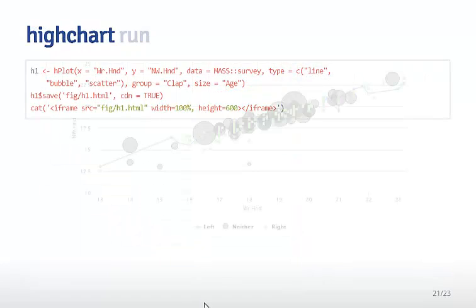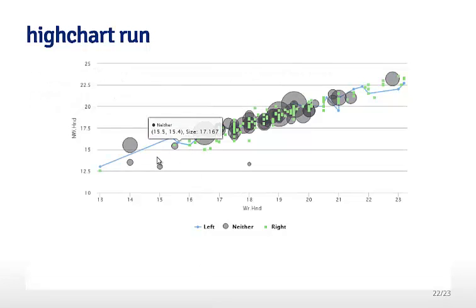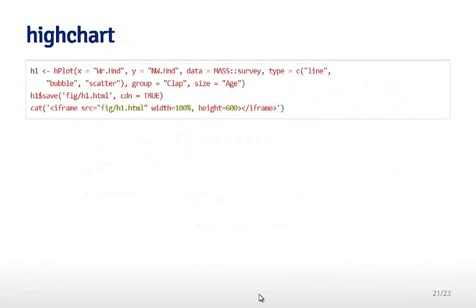rChart, here's another one. I'm not 100% sure exactly what this is. This plot seems really quite confusing to me, but it does seem to have a lot of interactivity.